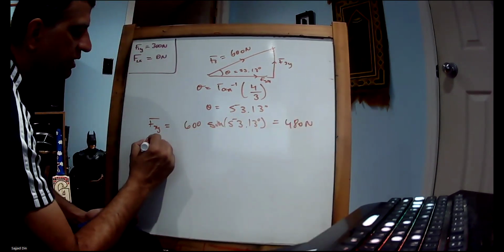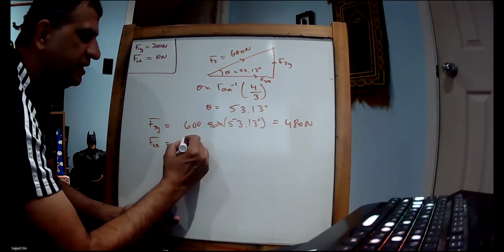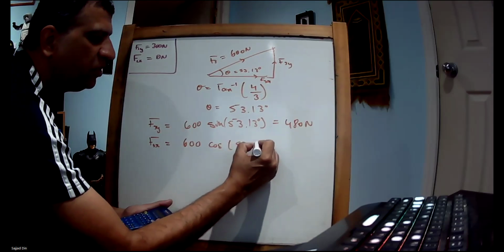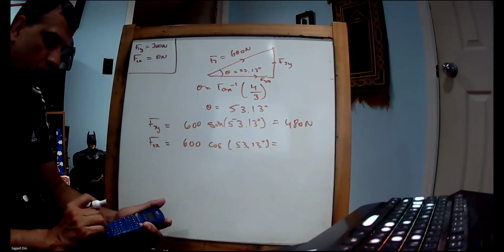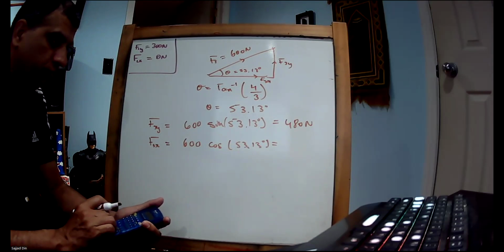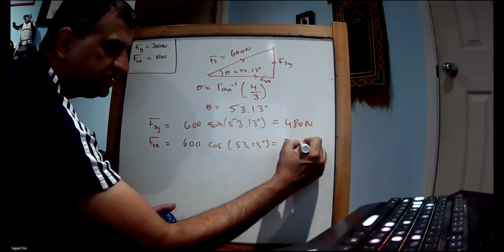And F3x is equal to 600 times cosine 53.13 degrees, which is 360 newtons.